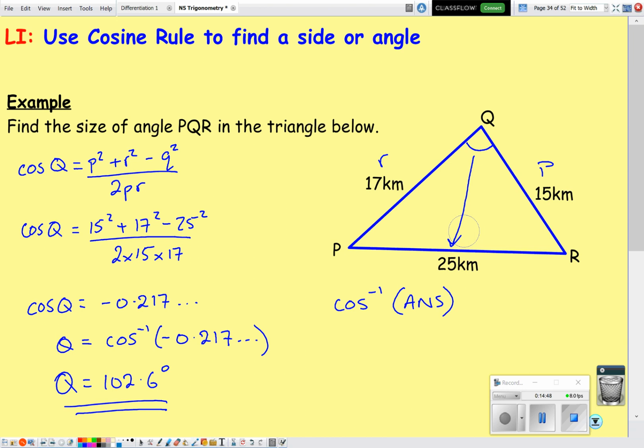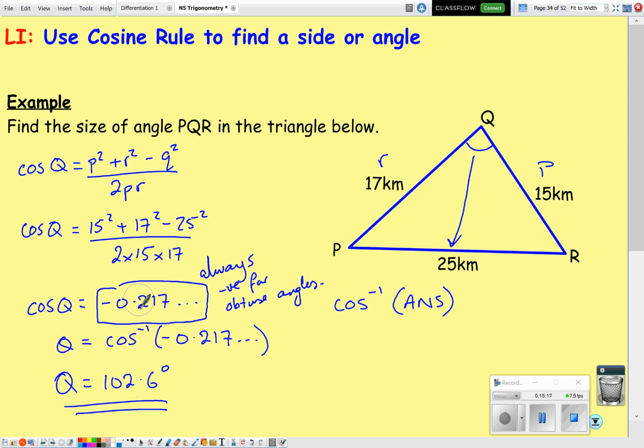The other thing to look for is that when you're using this method, for any answer, if it's an obtuse angle, this value here will always be negative. So always negative for obtuse angles. That's why in the last one, this number was positive. Remember, it was positive 0.868.